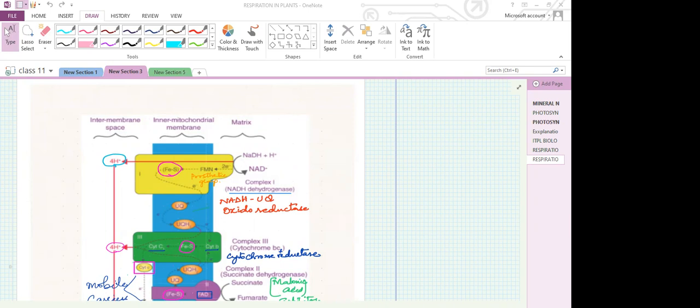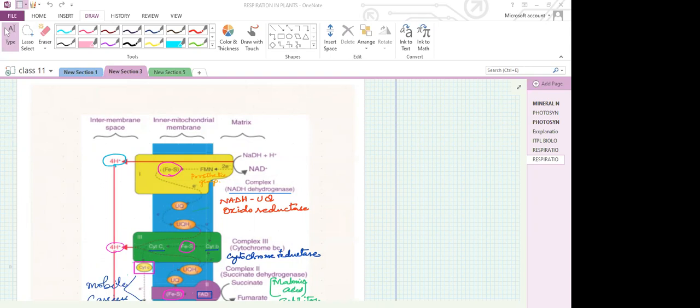So this consists of a series of electron transport complexes. These are coenzymes, like NAD and flavin adenine dinucleotide FAD, ubiquinone, cytochrome b, cytochrome c, cytochrome a, cytochrome a3, the different cytochromes we discussed.